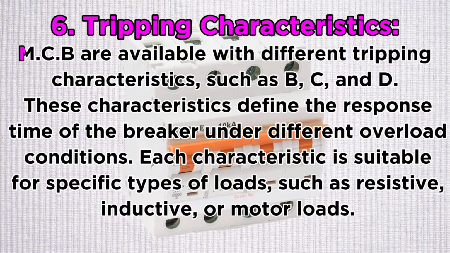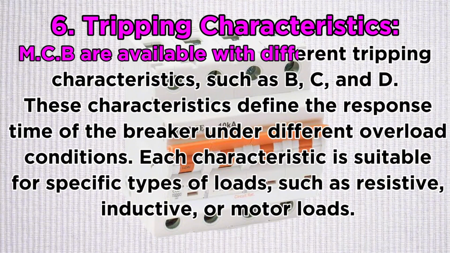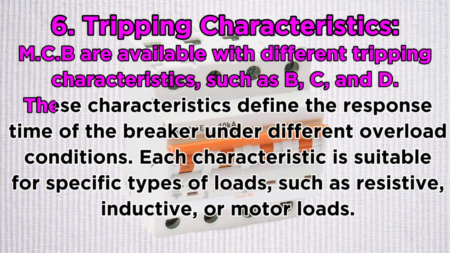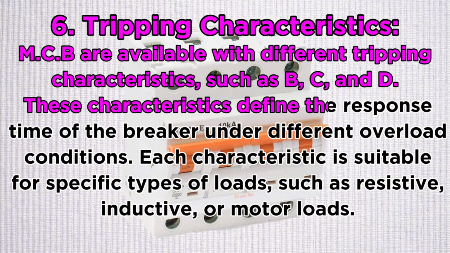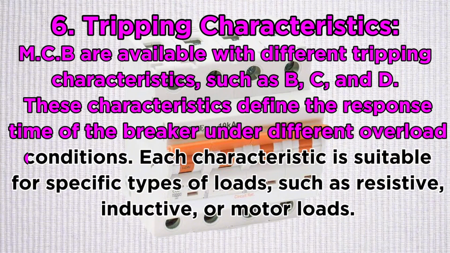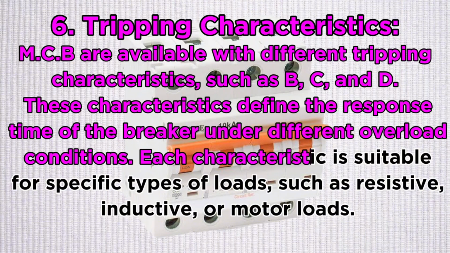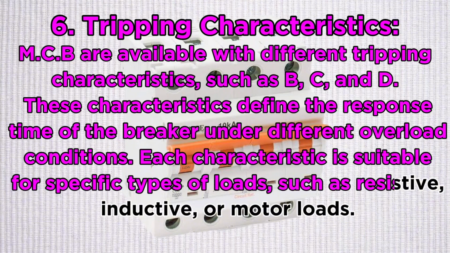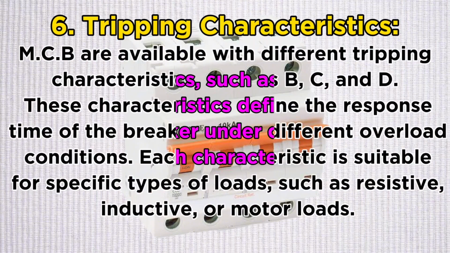Tripping characteristics. MCBs are available with different tripping characteristics such as B, C, and D. These characteristics define the response time of the breaker under different overload conditions. Each characteristic is suitable for specific types of loads, such as resistive, inductive, or motor loads.